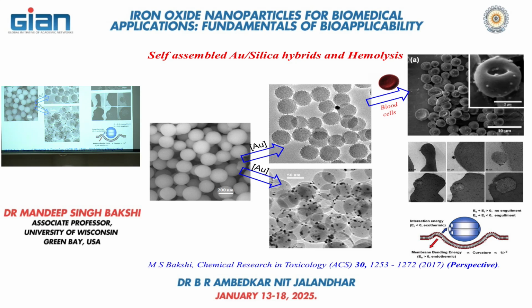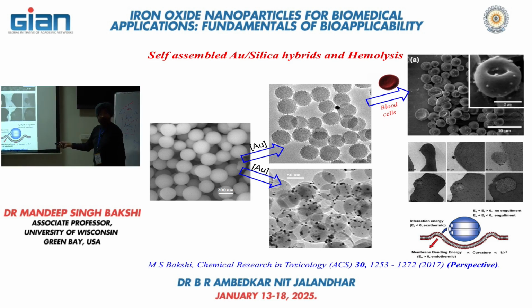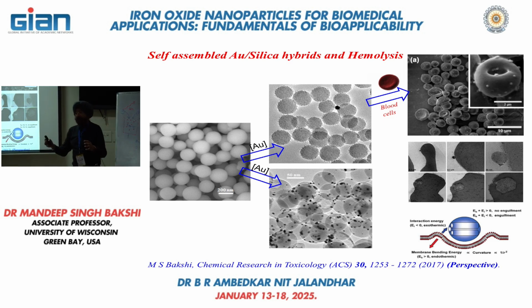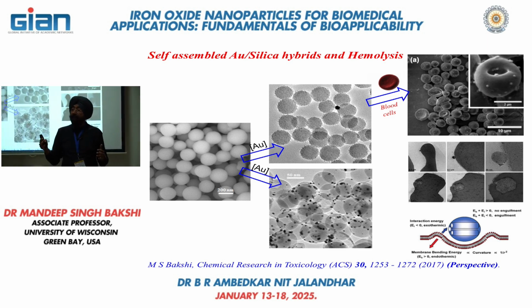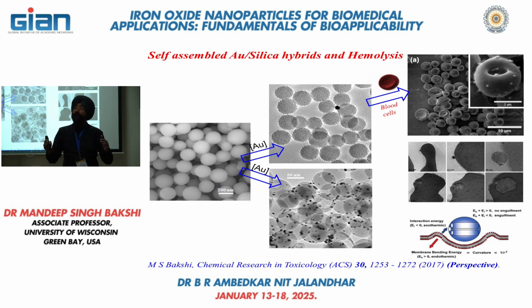It is 2 micron, and 2 micron is 2000 nanometer, 10 times bigger than 200 nanometer. So the blood cell is much bigger, in the micrometer scale. Therefore, there is a huge size disparity between the gold nanoparticle or the silica spheres and the blood cell.